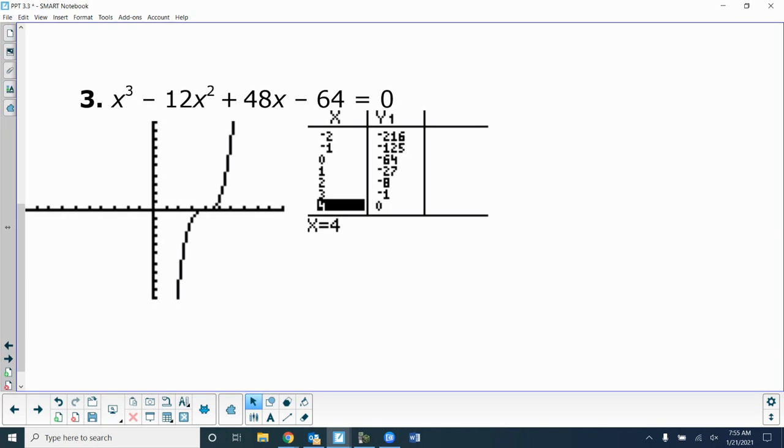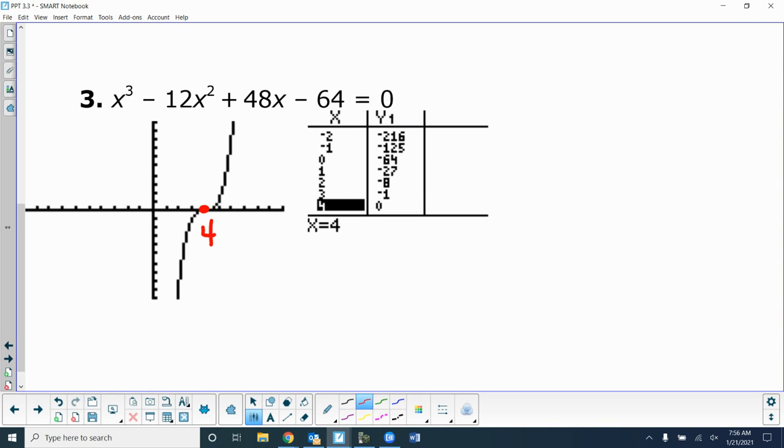Remember, when the y is 0, that's on the x-axis. That's what the zeros are, where the graph crosses the x-axis. All right? And since it's bending as it's crossing, it should work 3 times.